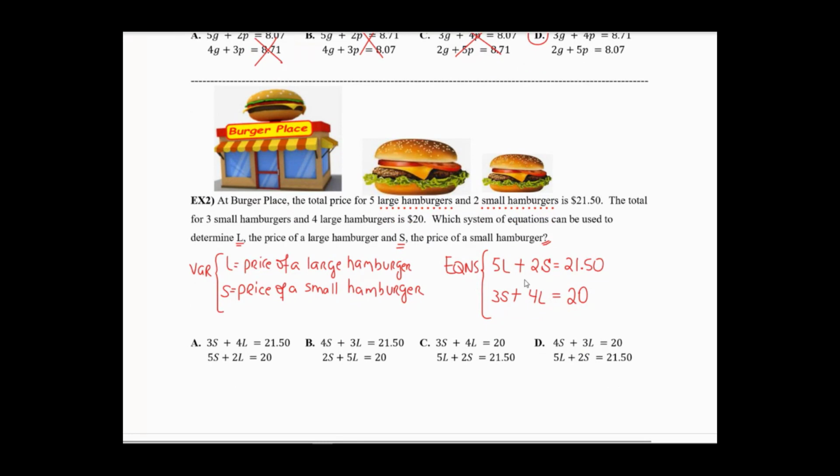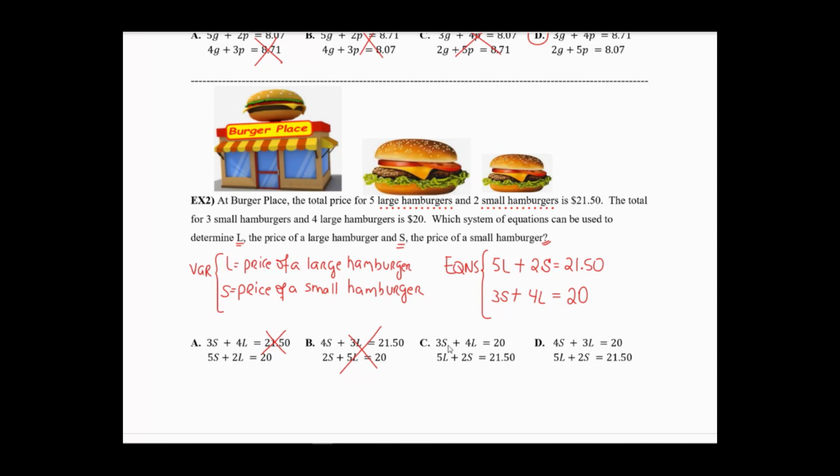Okay, once you have that, you can look for the equation that matches what you wrote. So if you notice right there, we have 3S plus 4L, but here it's supposed to be 20, here it says 21, so we know it's not that one. Then we have 4S, and if you notice, we don't have 4 letter S, so that is wrong.